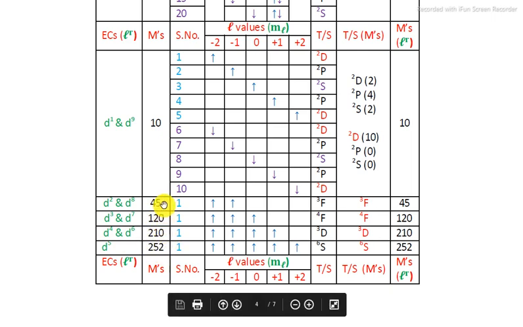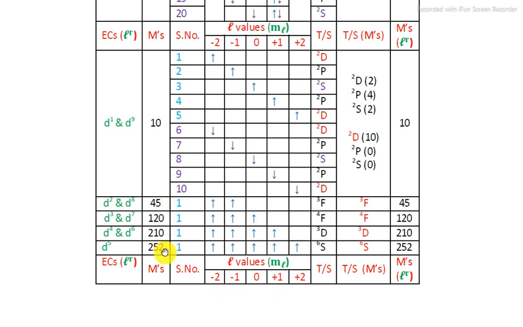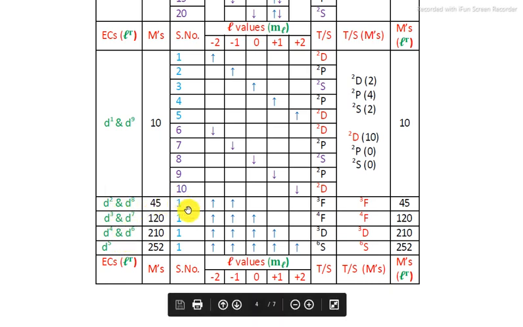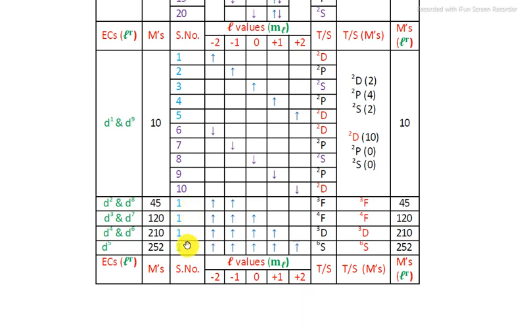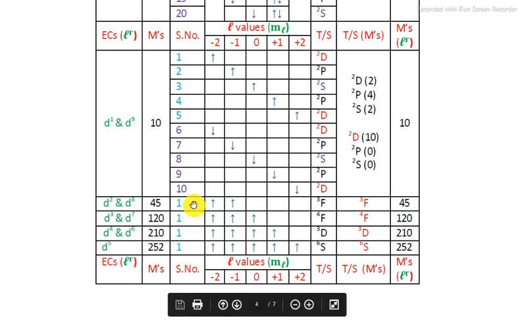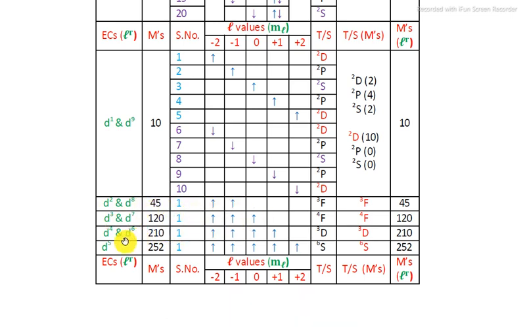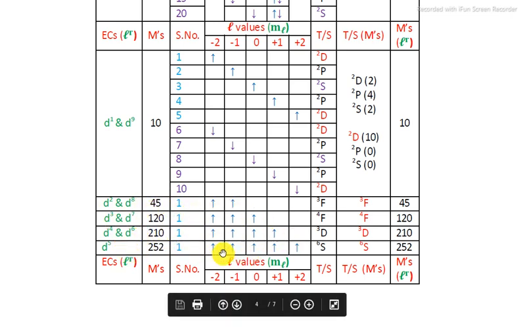Depicting the total number of microstates is not possible over here. That's why I am giving only the ground energy term for these electronic configurations, for example D2 2 electrons, D3 3 electrons, D4 4 electrons, D5 5 electrons.